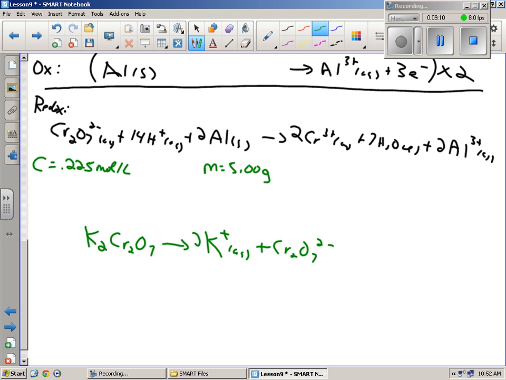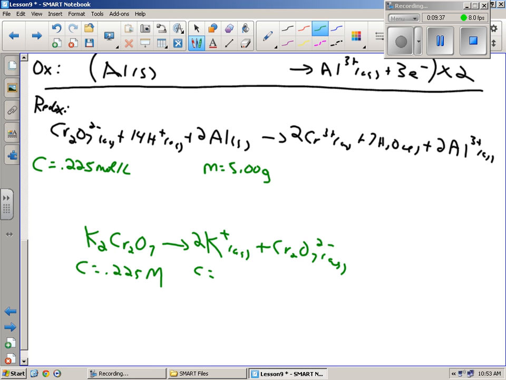Okay? Yes? True? You would balance it, correct? Is that balanced now? Yes. And if I told you that I had a 0.225 molar solution of potassium dichromate, what's the concentration of the potassium ion? Same?